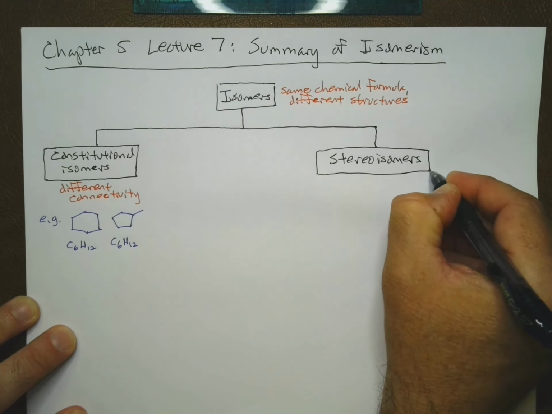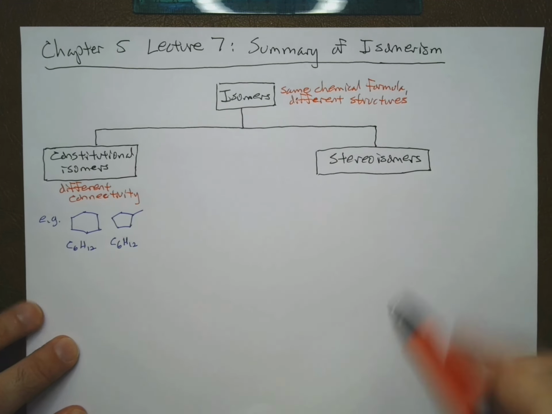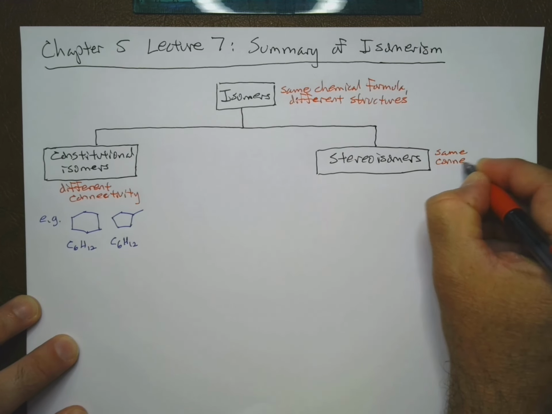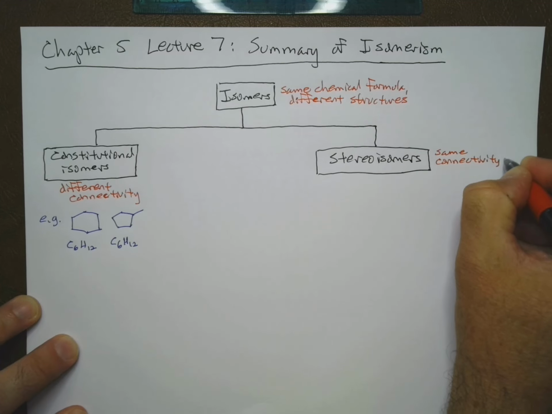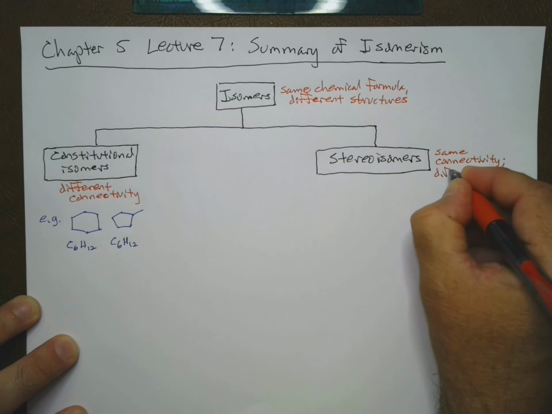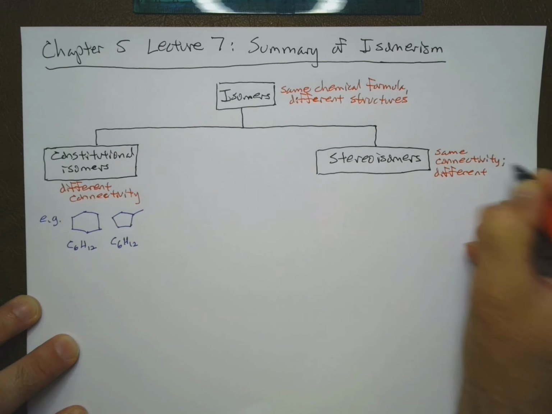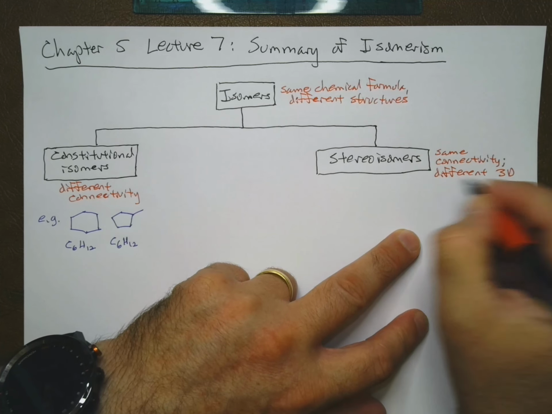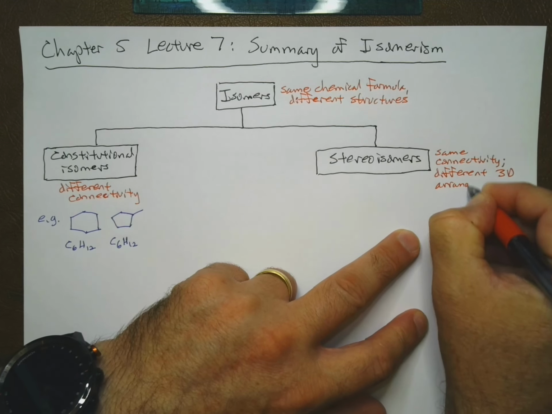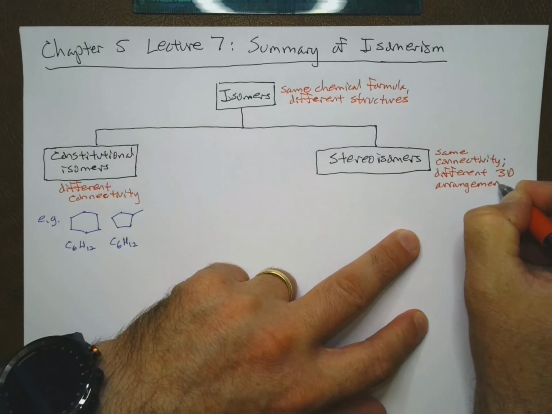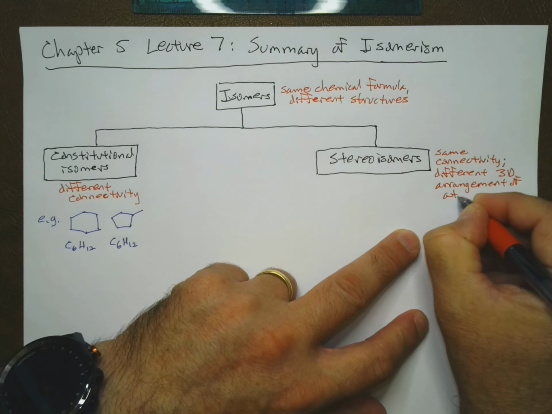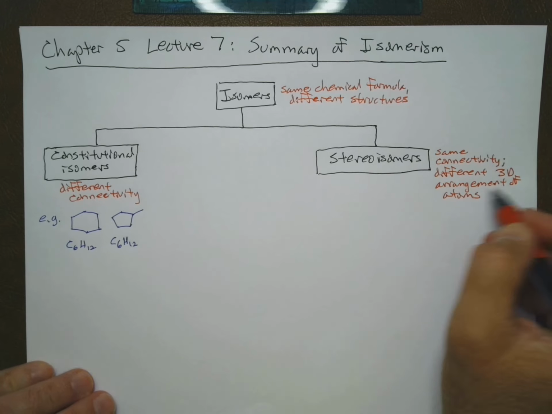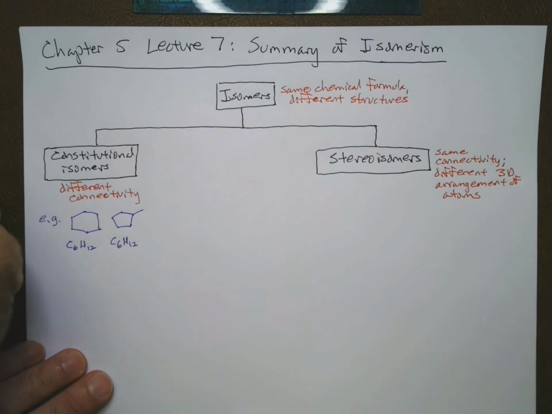Stereoisomers have the same connectivity, but there's a different three-dimensional, so 3D, arrangement of atoms.